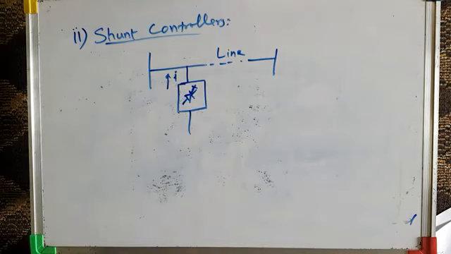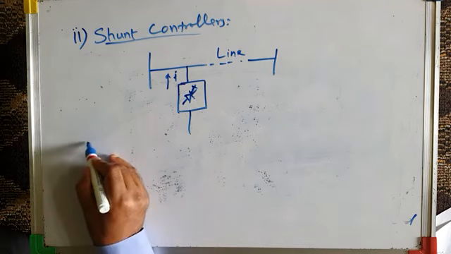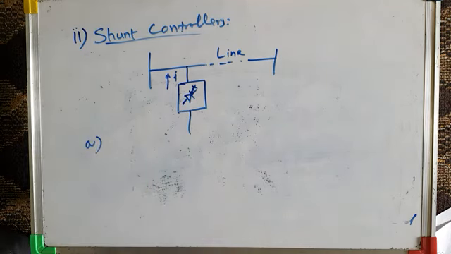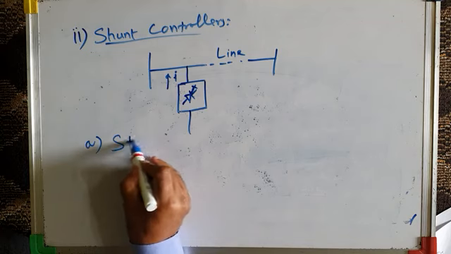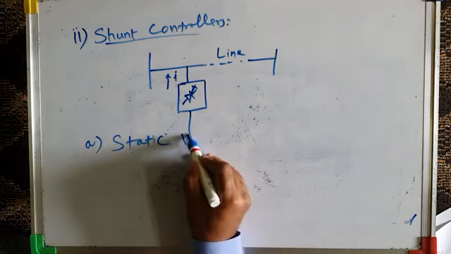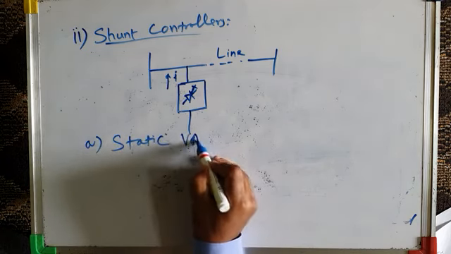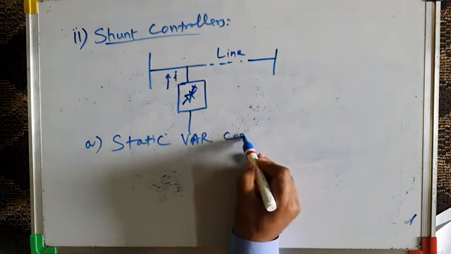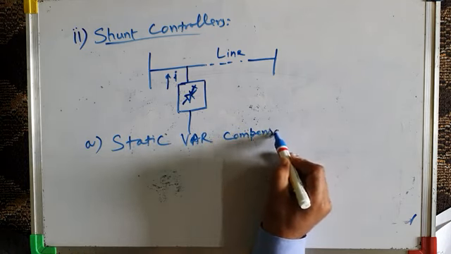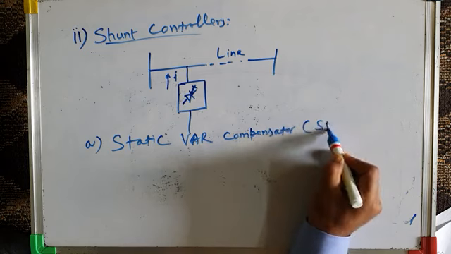Now the various types of shunt controllers or shunt FACTS controllers are like this. First is the static var compensator, which is also called SVC.